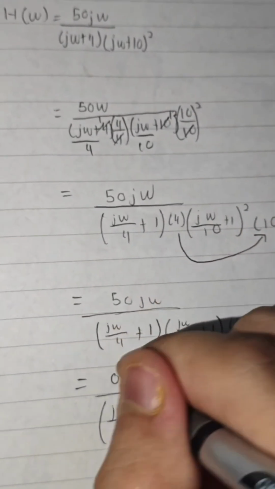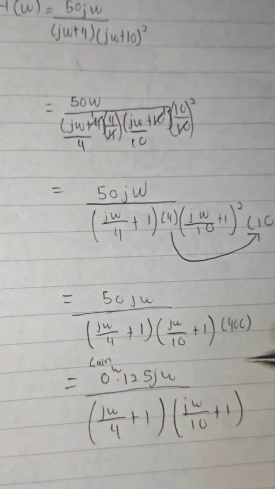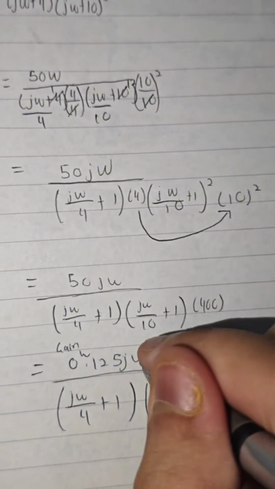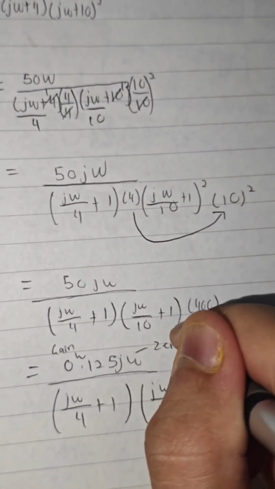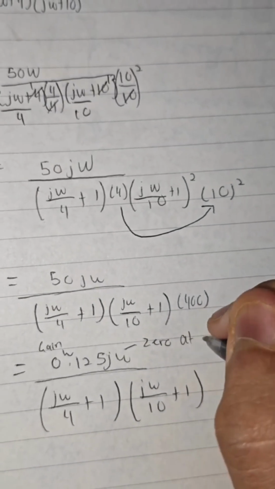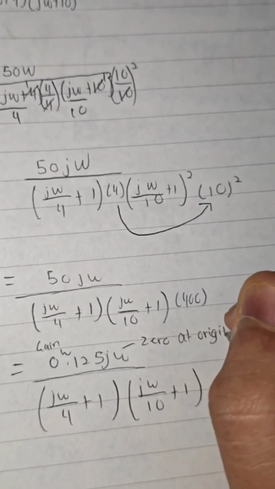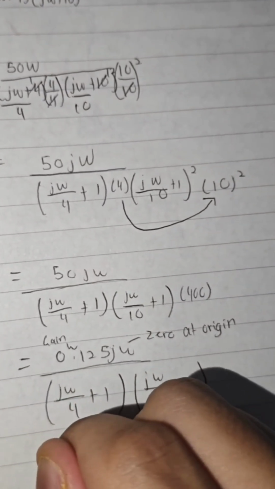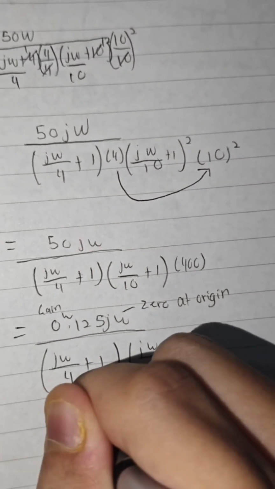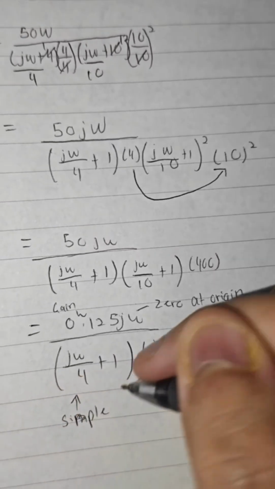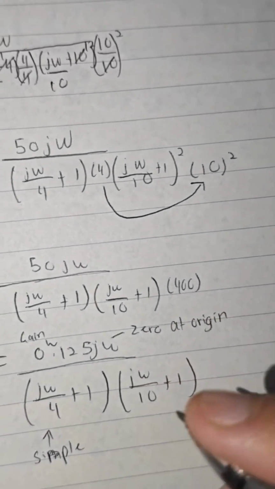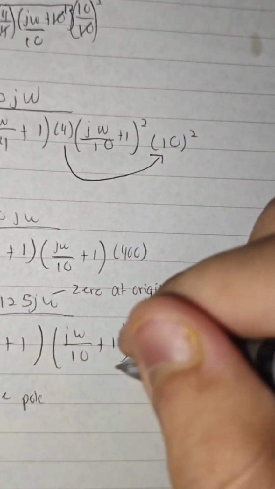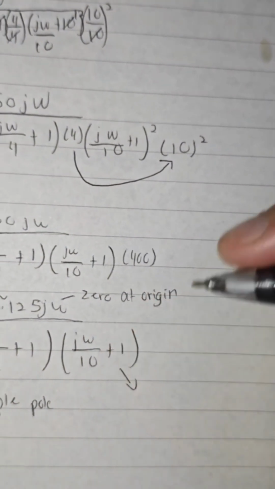J omega we use as a zero at origin, and this is a simple pole, and this also is a simple pole, but we can also define it as a double pole.